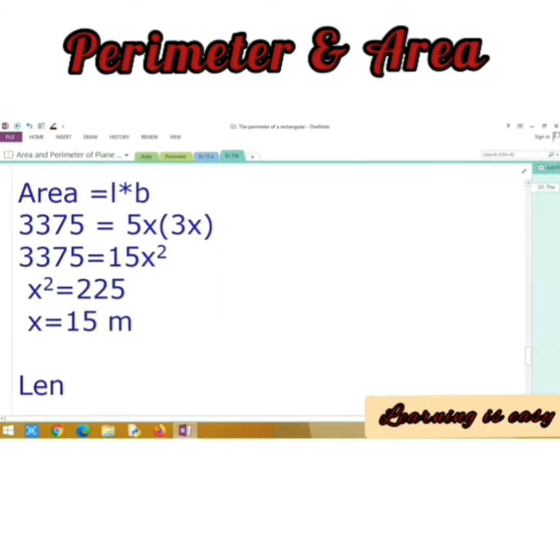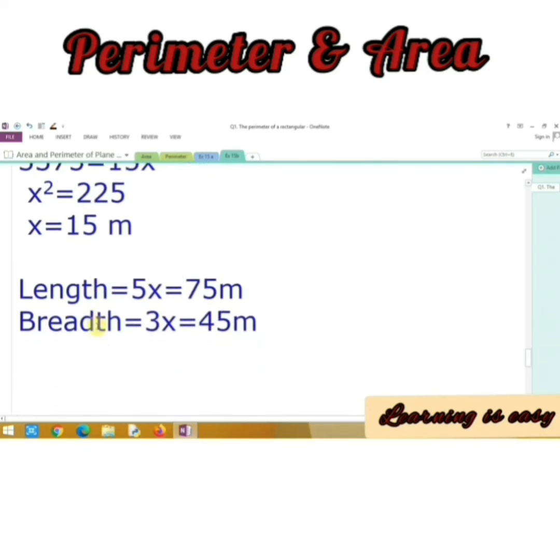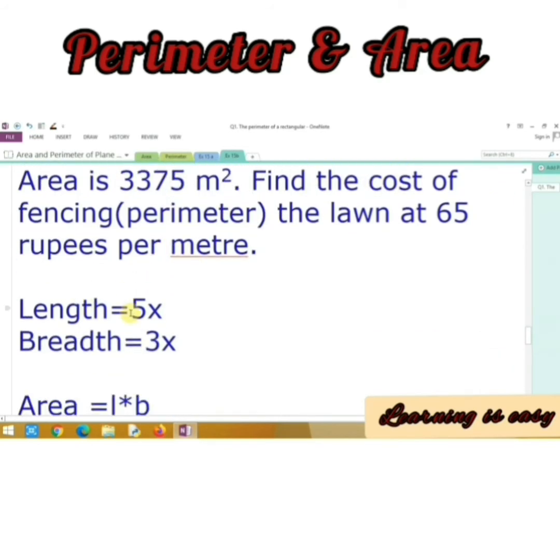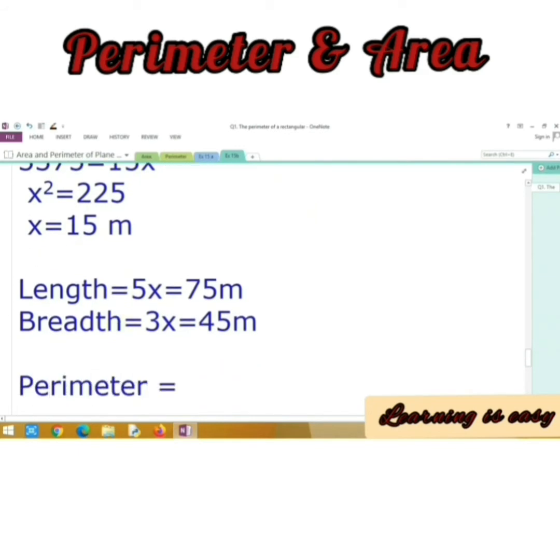So with this, we can calculate the length. Length is in ratio of 5x. So 5 into 15. And breadth is 3x. So 3 into 15. So length and breadth are 75 meter and 45 meter respectively. Now we need to calculate the perimeter with the given length and breadth.